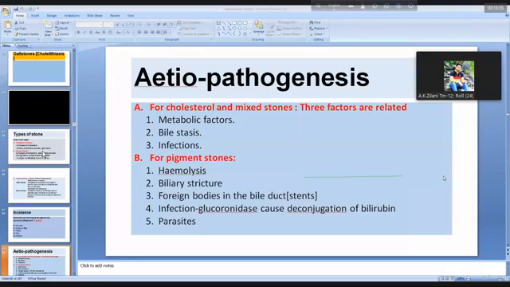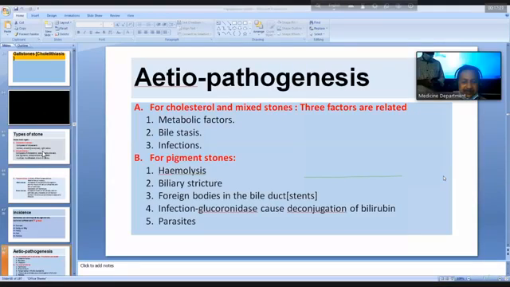Infection causes secretion of enzymes like glucuronidase that causes deconjugation of the bilirubin, that is, conversion of the conjugated bilirubin into unconjugated bilirubin. That might be responsible for formation of the stone. And lastly, parasites like infestation with roundworm.